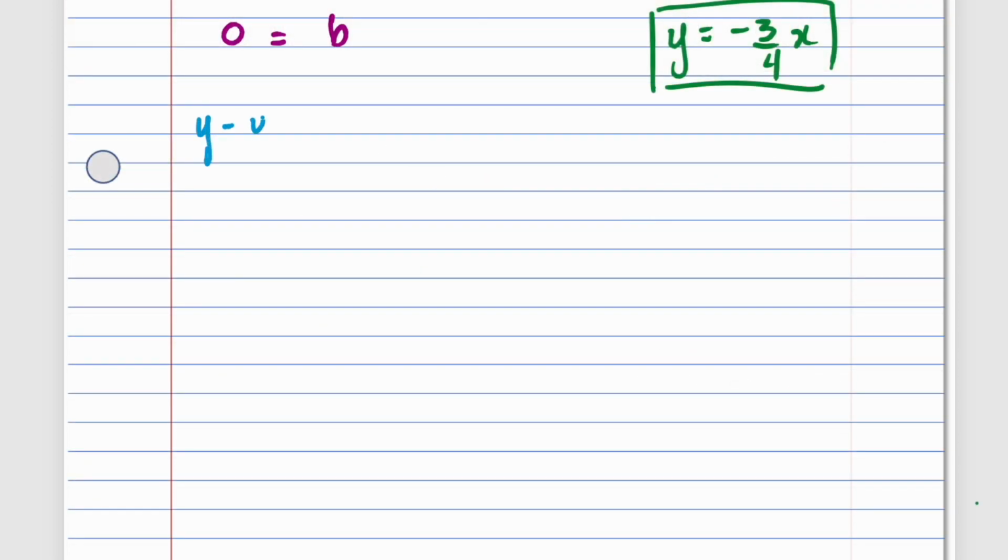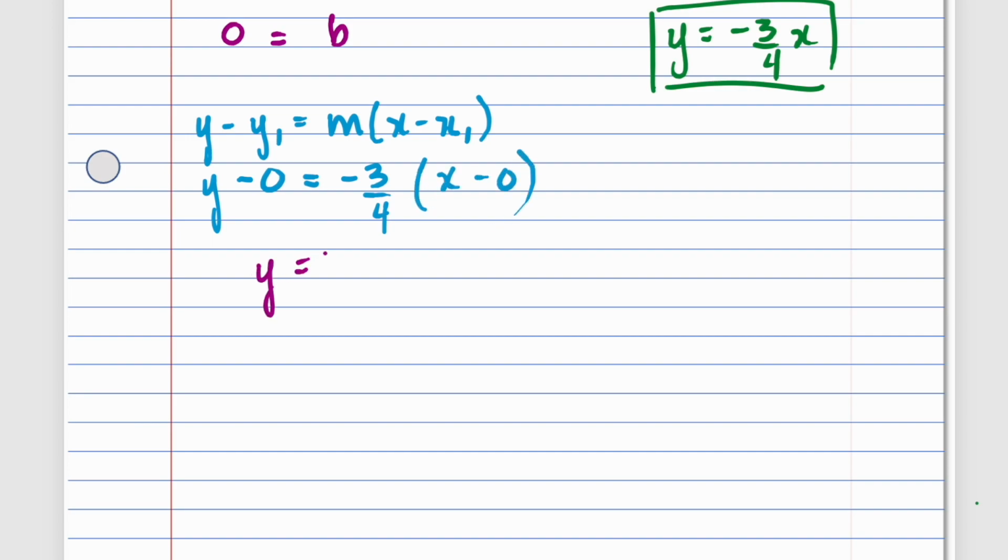Point-slope form. We'll plug in the 0 for y1, -3/4, and x minus 0. That gives us y is equal to -3/4 x. Same equation.